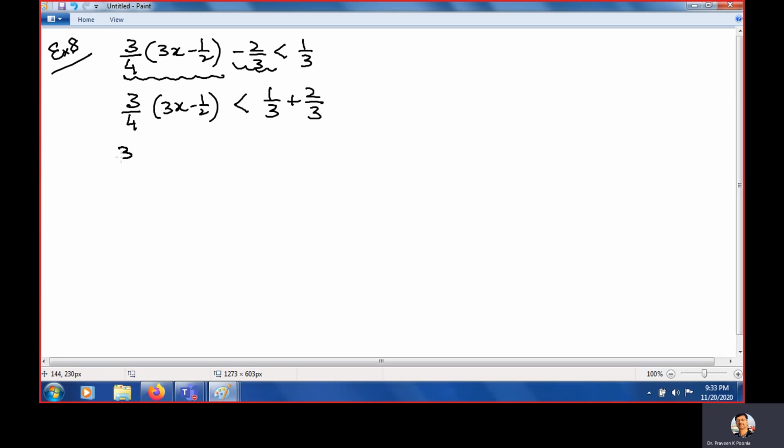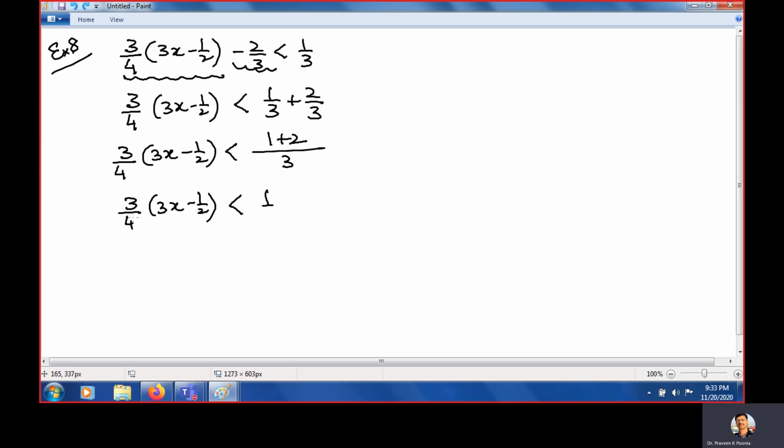So 3 upon 4, 3x minus 1 upon 2, less than, 3 is the LCM. Now this is easy: 1 plus 2, so 3 upon 3, and 3 upon 3 is 1.